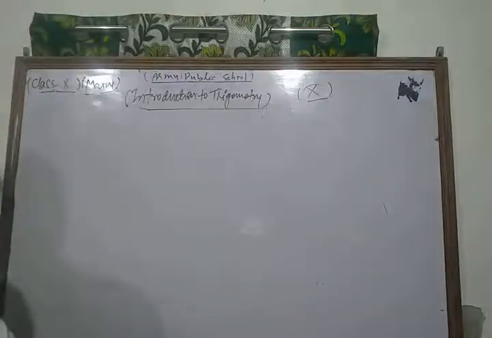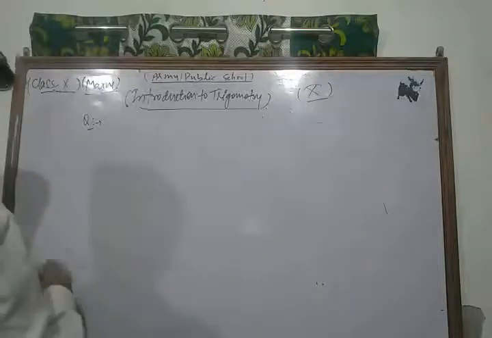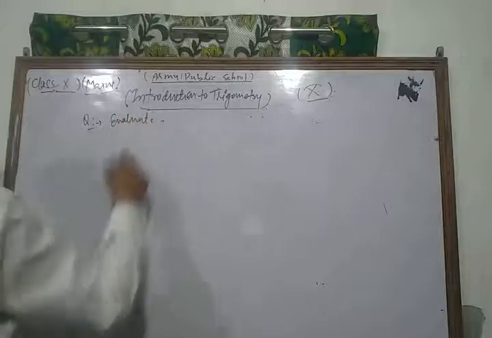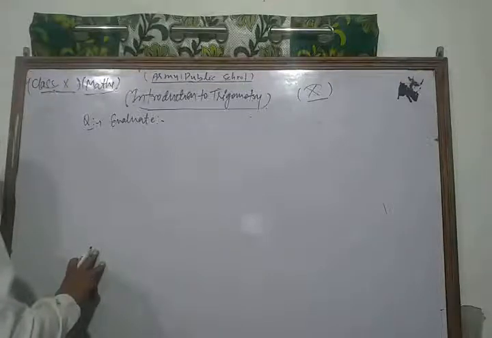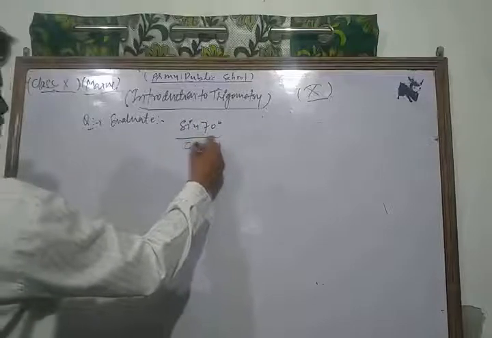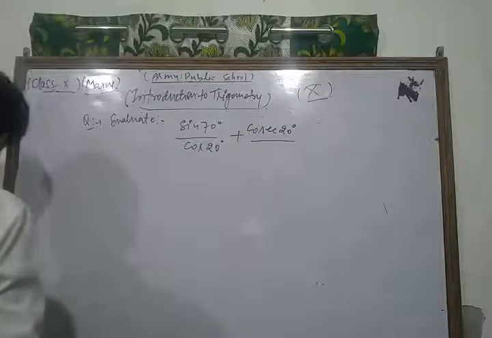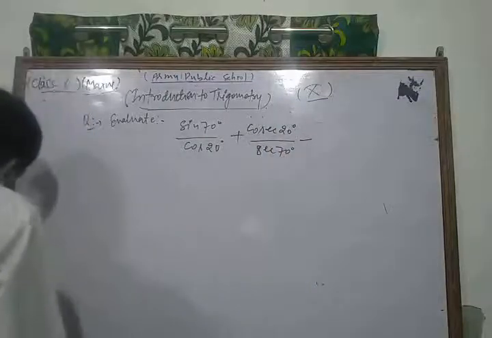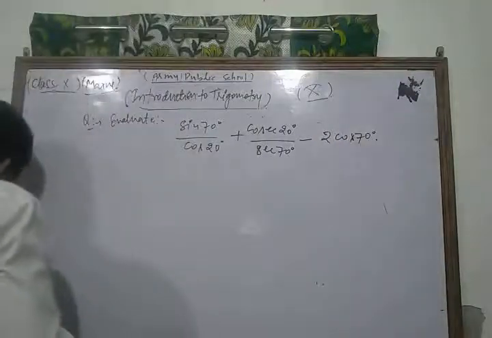Now we take and simplify. Evaluate. Your question is evaluate, and your expression is sin 70 degree upon cos 20 degree plus cosec 20 degree upon sec 70 degree minus 2 cos 70 degree into cosec 20 degree.